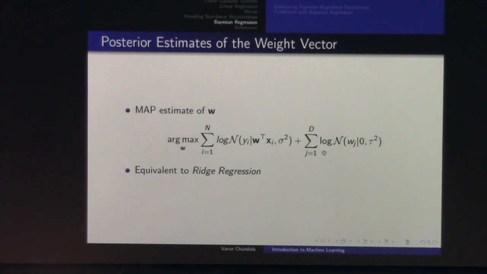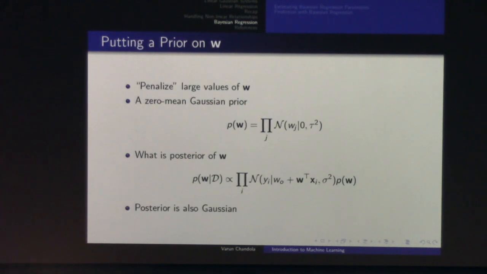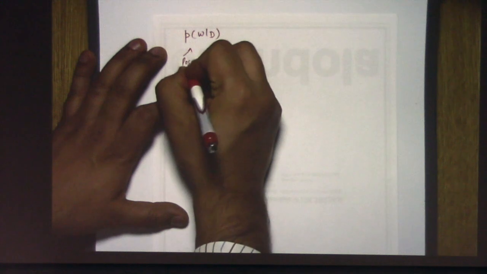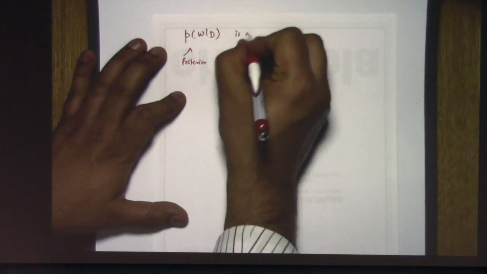It is the mode of this resulting Gaussian. Exactly, right. So what will happen now, and I'm avoiding that math because it's too detailed, is that what I said so far was that this P of W given D, which is the posterior, is also Gaussian, okay?